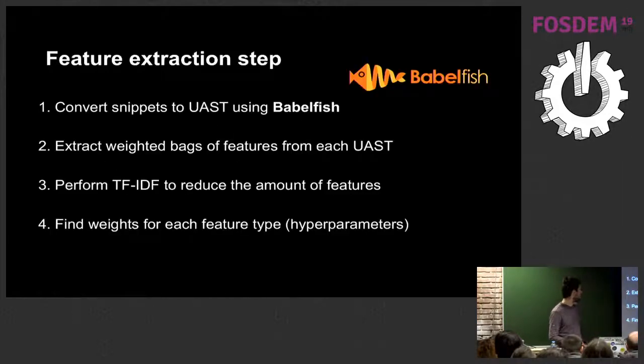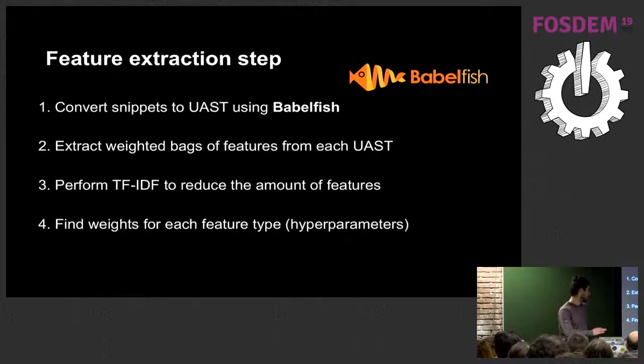So at the end of the day, the feature extraction revolves around this. First converting all files to UASTs, then extracting the weighted bag of features of each UAST, applying TF-IDF in order to reduce the amount of features. As you can see, there's a fourth step. This is a step that allows us to look more into biased versions of our algorithm.